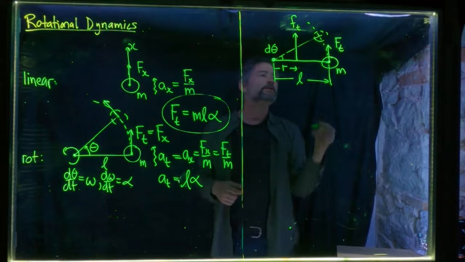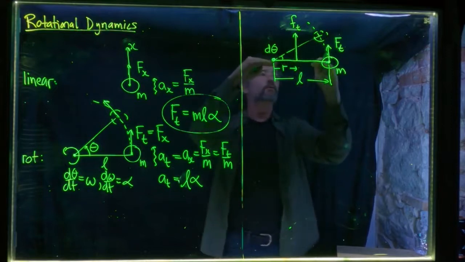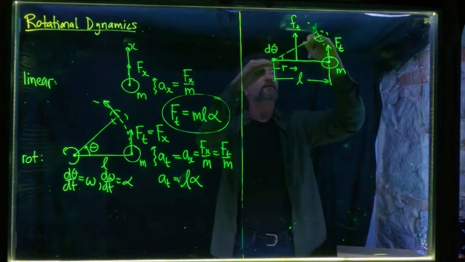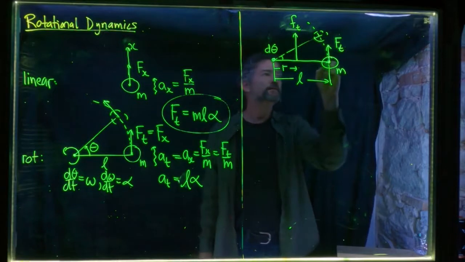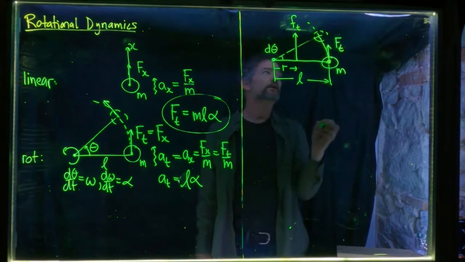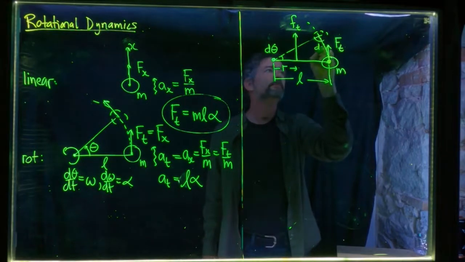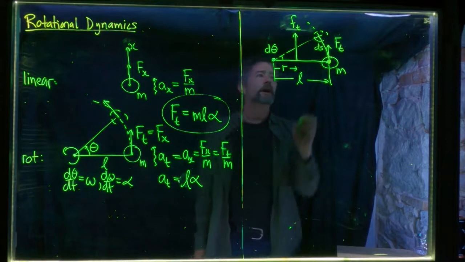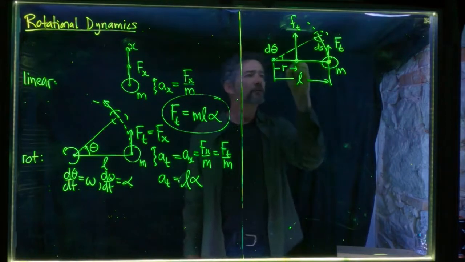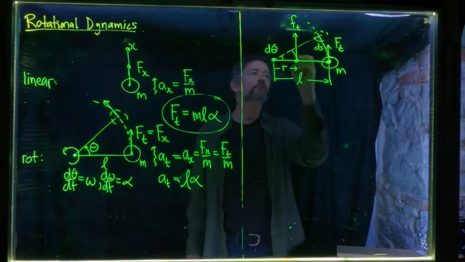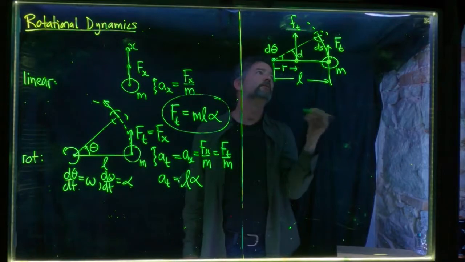When this rigid body rotates through an angle d theta, this point will move through an arc length that we'll call ds. At the same time, this point will have moved through a smaller arc, of shorter length, which we will call ds prime.